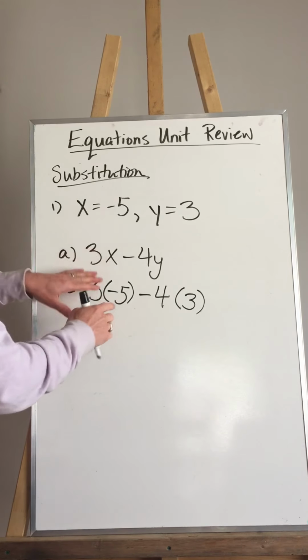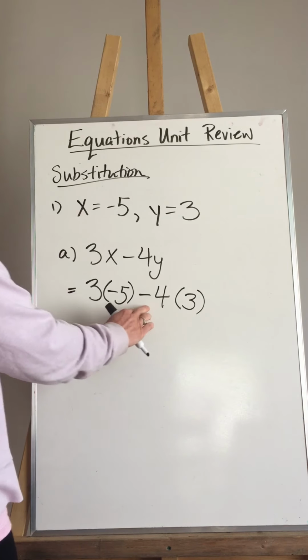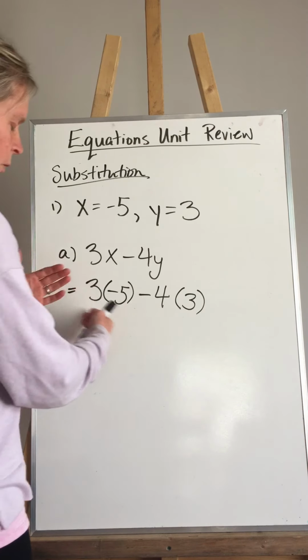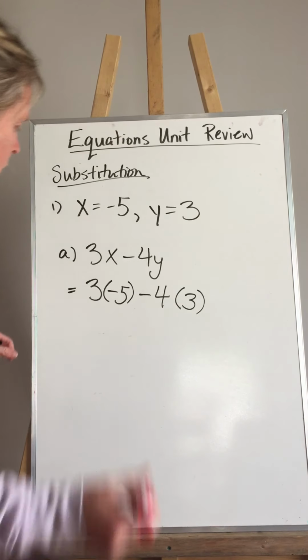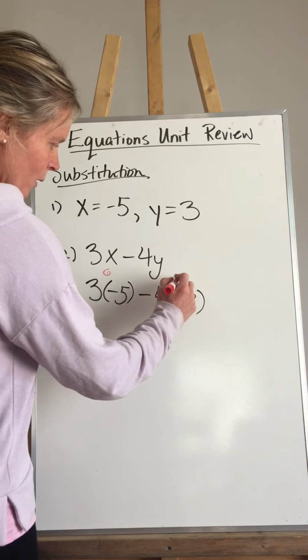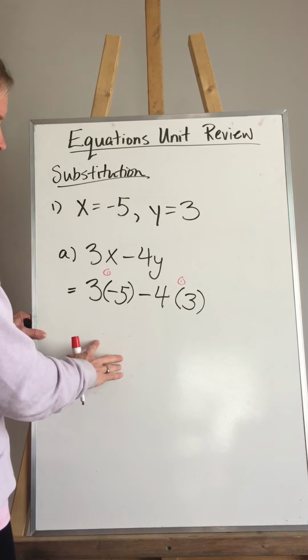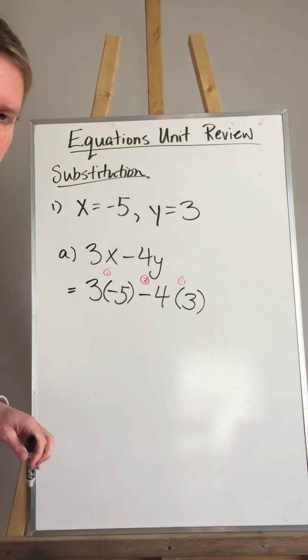Okay, so here I have multiplication, here I have multiplication, and then I have subtraction. So as you see a question like this, you should think in your head what the order is. So on my next line, I'm going to do this multiplication, I'm going to do this multiplication, okay? And then this subtraction between the two is going to be done on the line after that.